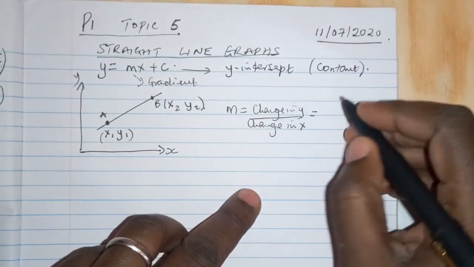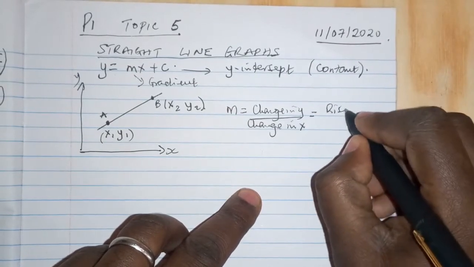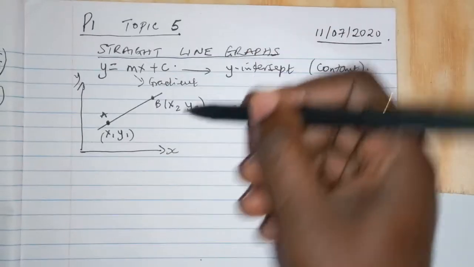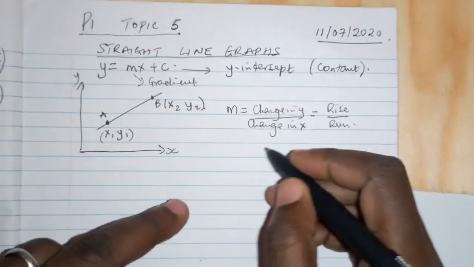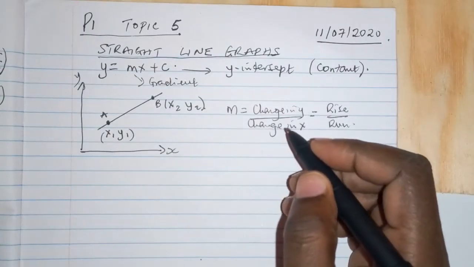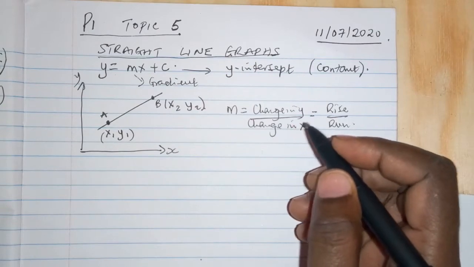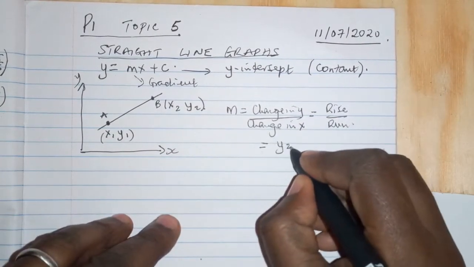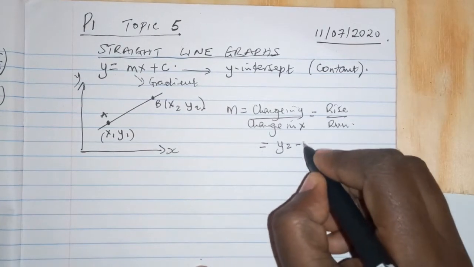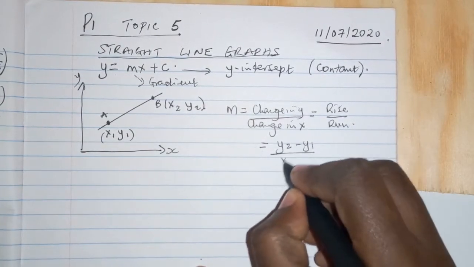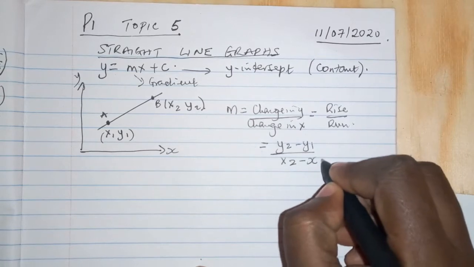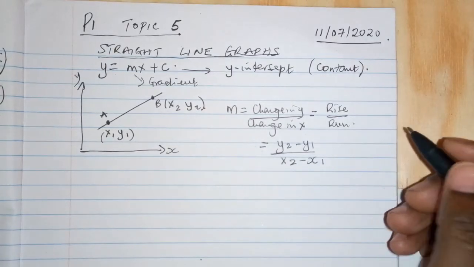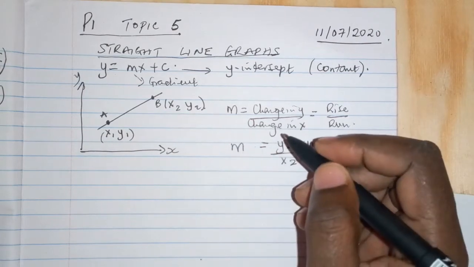Some books will talk about rise over run. But basically, to get the exact gradient, it is y2 minus y1 all over x2 minus x1. That is basically how we get the gradient m.